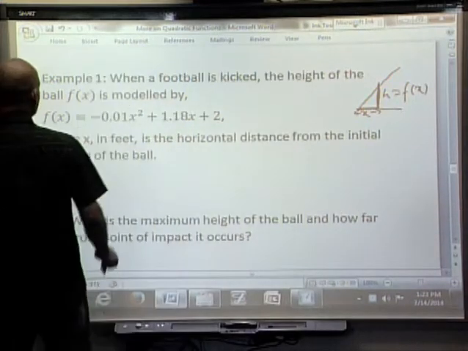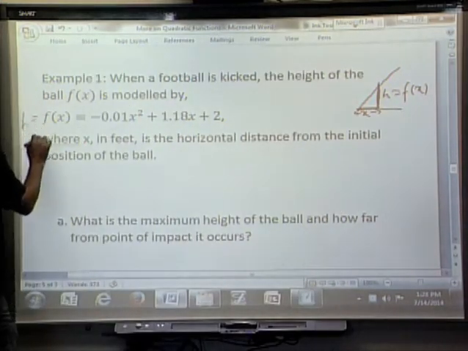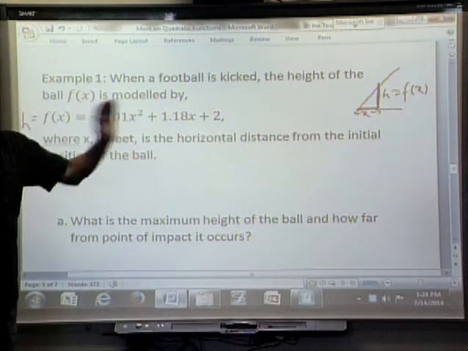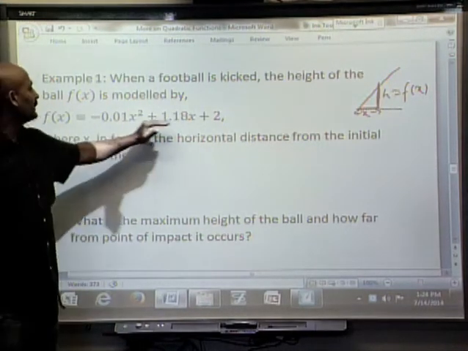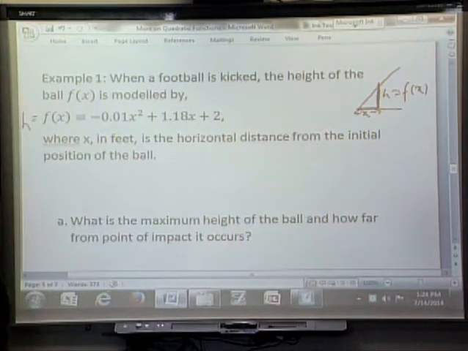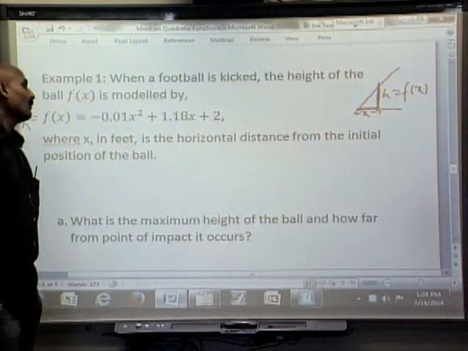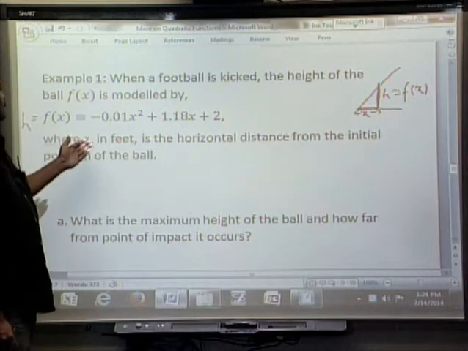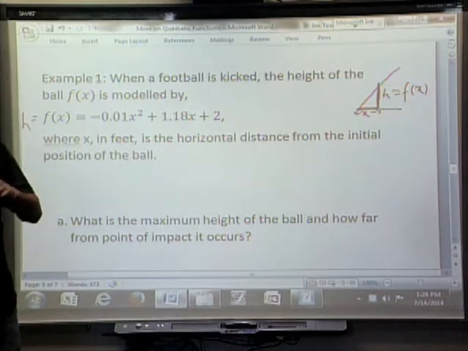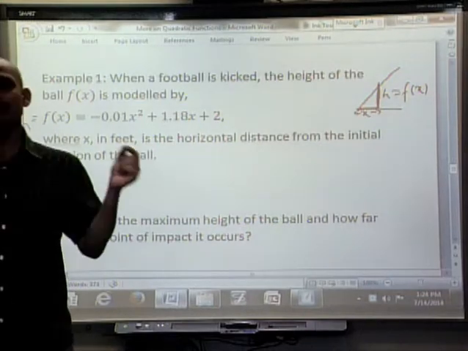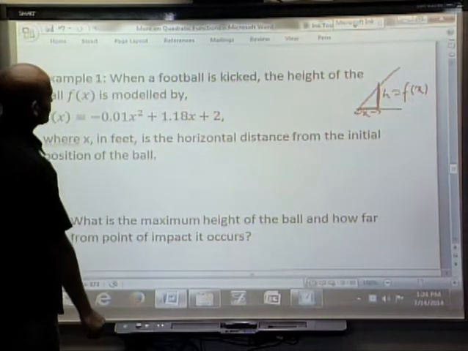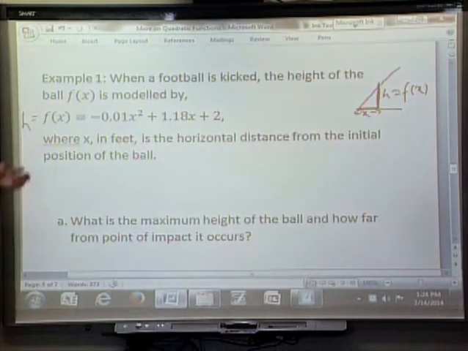The height is given by the formula negative 0.01 x squared plus 1.18 x plus 2, where x is in feet, the horizontal distance from the initial position of the ball.